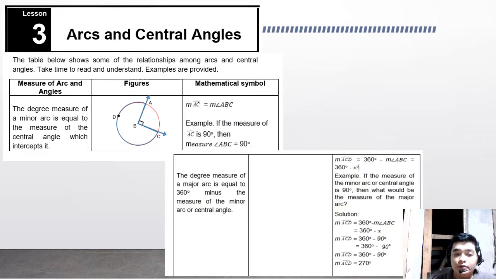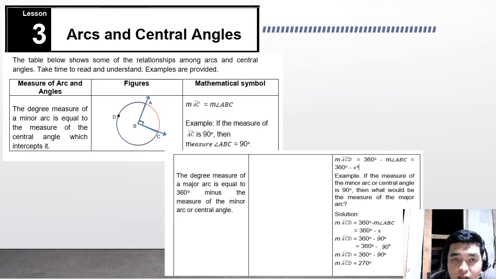So let's proceed now to lesson 3, arcs and central angles. The table below shows the relationships among arcs and central angles. Take time to read and understand. The examples are provided. The degree measure of a minor arc is equal to the measure of the central angle which intercepts it.